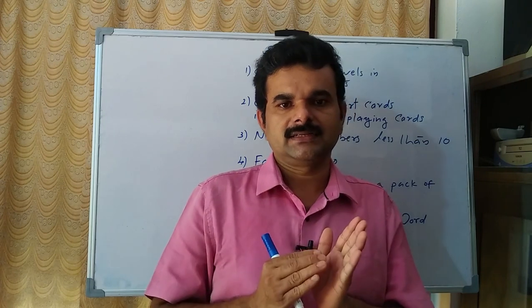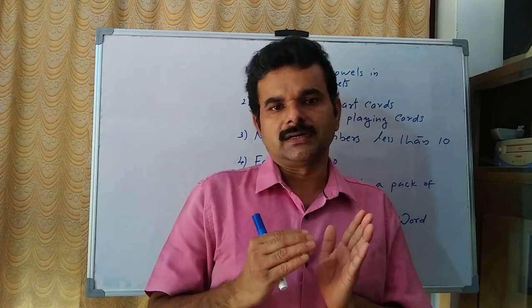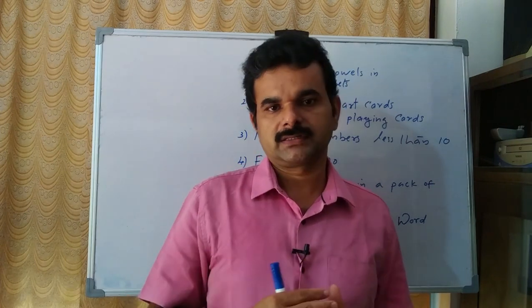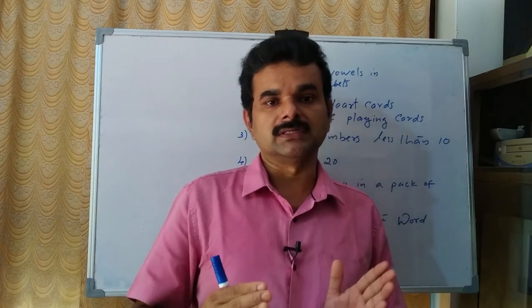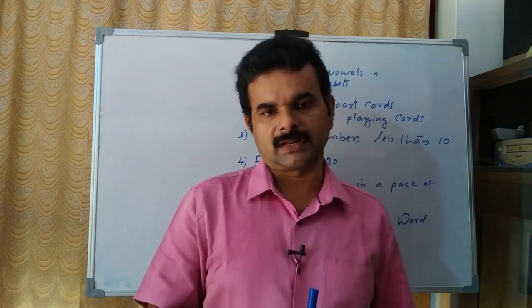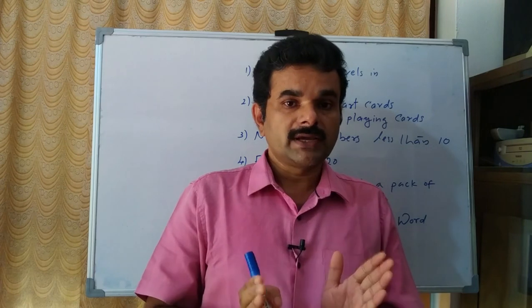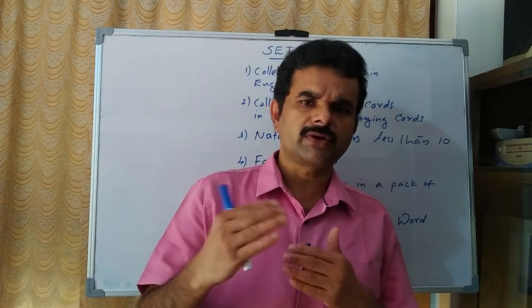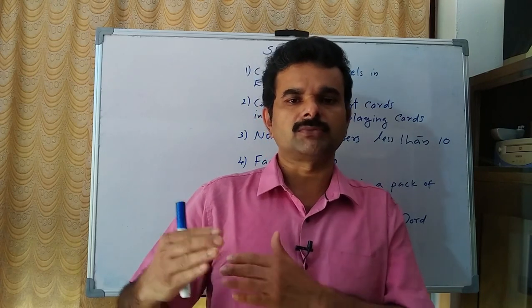A set, for example, set of numbers from 1 to 100, or set of natural numbers. Natural number means counting numbers 1, 2, 3, 4, etc. Set of counting numbers from 1 to 100. So you can say the answer 1, 2, 3, 4 up to 100.